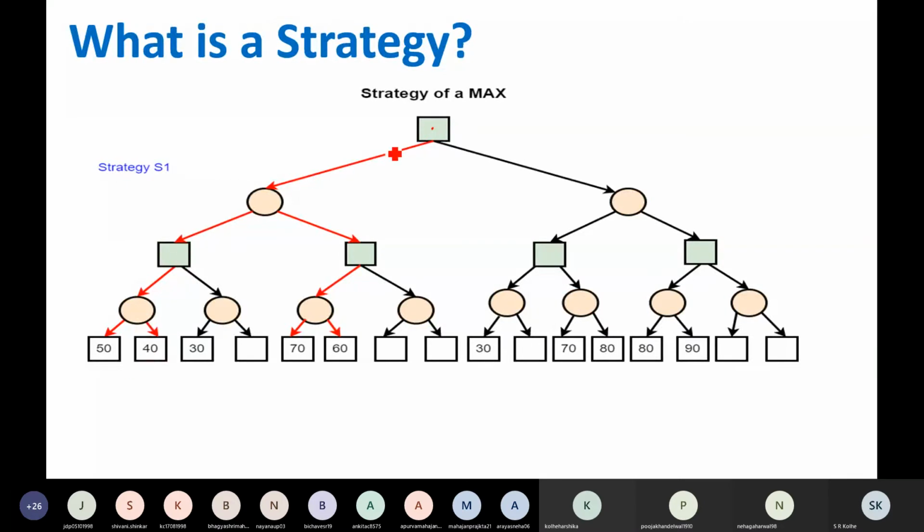So what is a strategy? If max selects a particular option, for example this left hand side, whatever move min makes, max has an answer. So if min makes this move, max will make this move. If min makes this move, right hand side move, then max will have an answer what to do. So that is what a strategy is. So here this red color subtree defines the strategy S1.